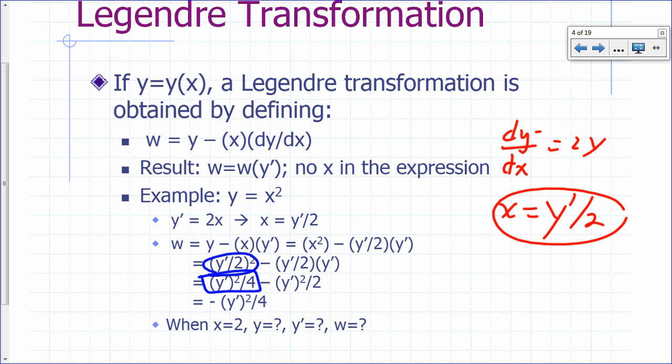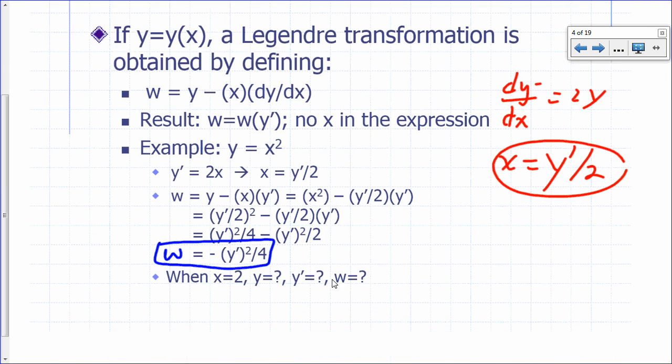And y prime over 2 times y prime is y prime squared over 2. So if you combine these two, this is y prime squared over 4 minus y prime squared over 2. So 1/4 minus 1/2 is negative 1/4. So here your w, we say, is negative y prime squared over 4.